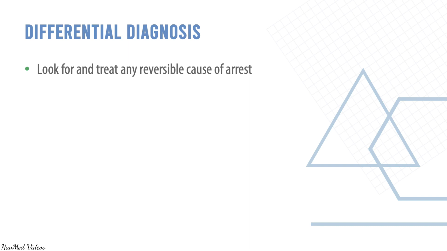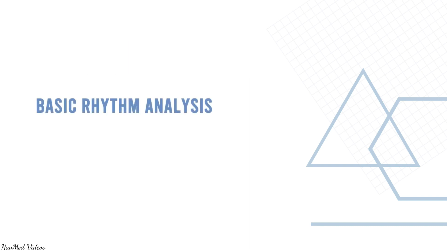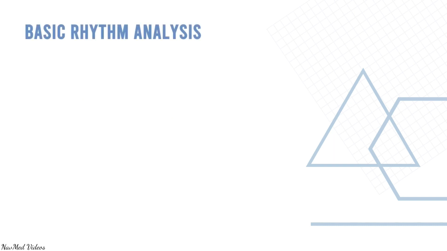All right, let's have a look at basic rhythm analysis. So this is basically an ECG analysis in advanced cardiac life support. Now why ECG? Because ECG will probably give you the diagnosis, and the treatment would depend upon how the ECG looks. So the basic analysis: rate, is it too fast or too slow?